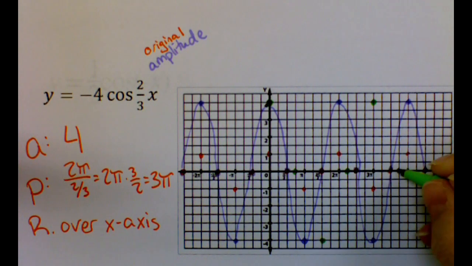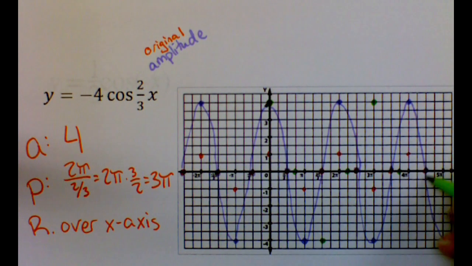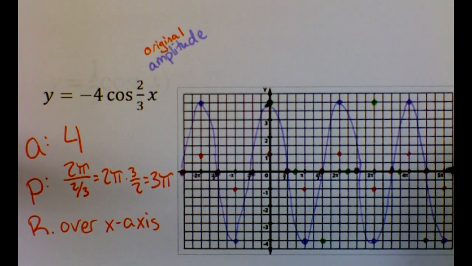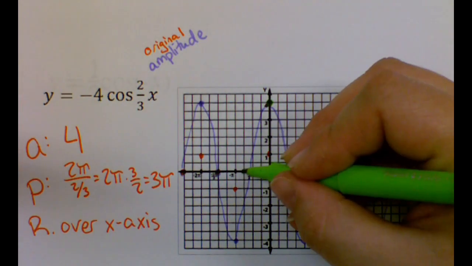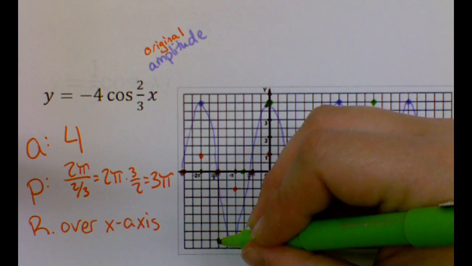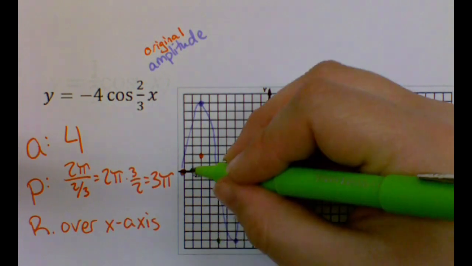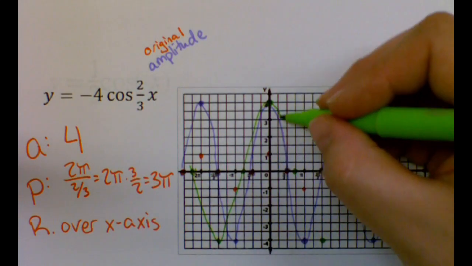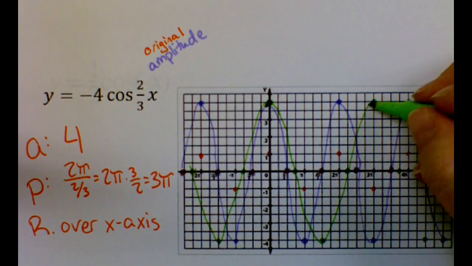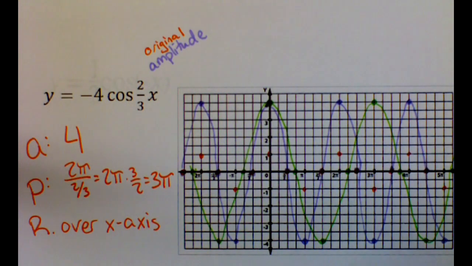I'm going to go 1, 2, 3 lines. 3 lines. All right. There we go. And on this side. Okay, the green is my period change. Period changes are the trickiest ones.